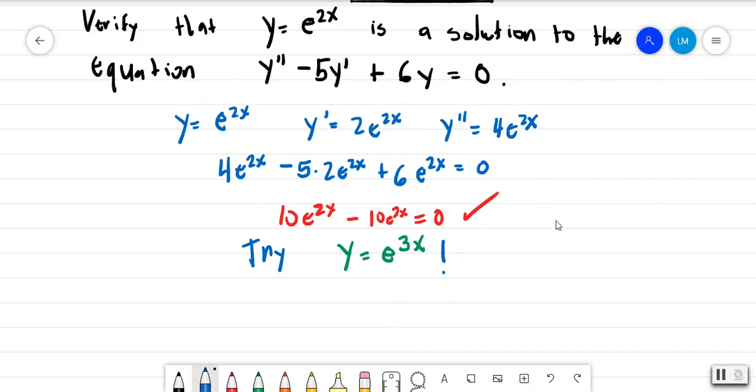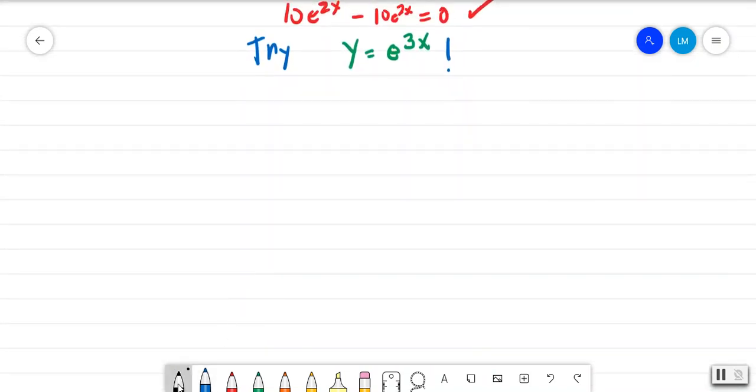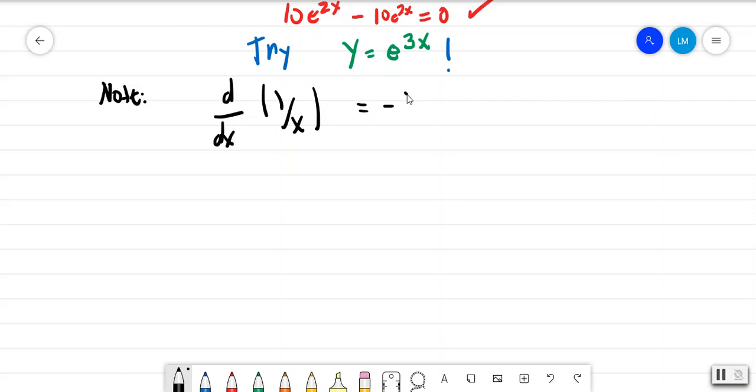Another thing that you may notice with higher order derivatives is that, aside from the e function, most functions don't terminate. Notice that if you take the derivative of, for example, 1 over x, that equals negative 1 over x squared.